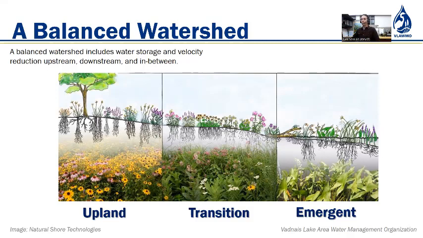A lot of times we treat the landscape as if this transition zone shouldn't exist. It's either upland, usable area, or the emergent, okay, that gets to be a lake, that gets to be the wetland off limits area. The transition zone historically has been treated as if it's upland.